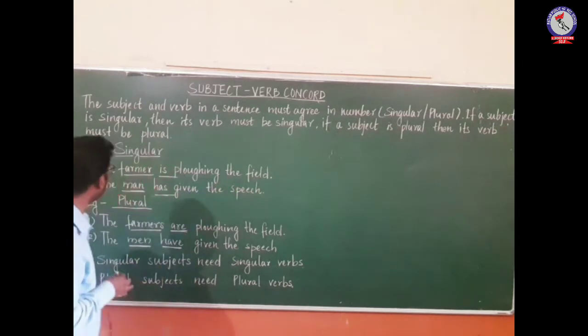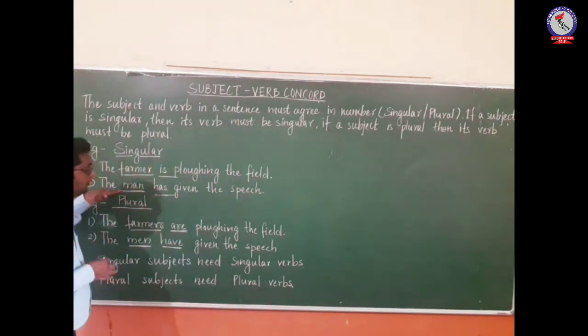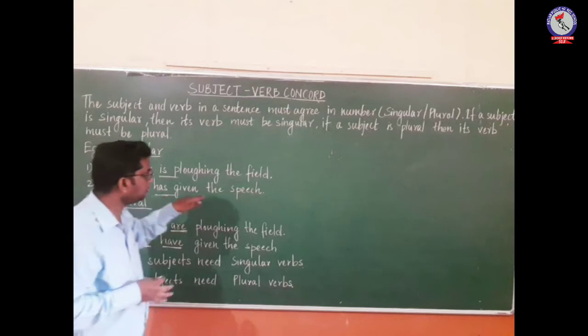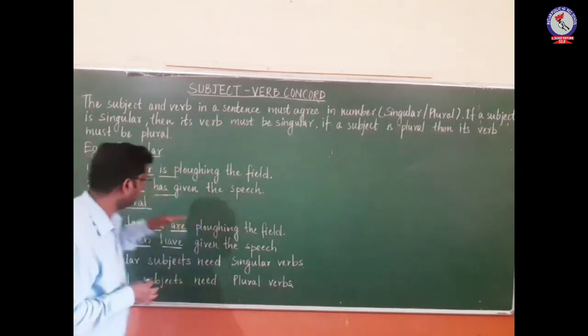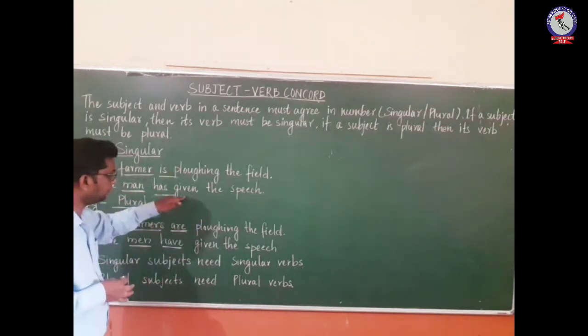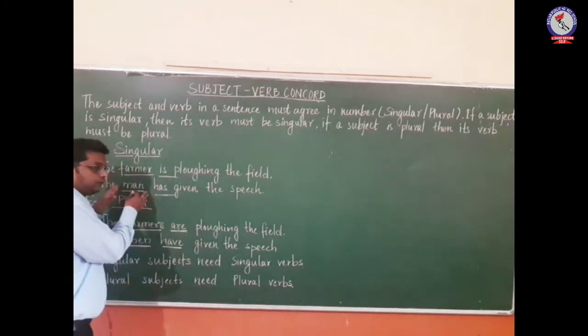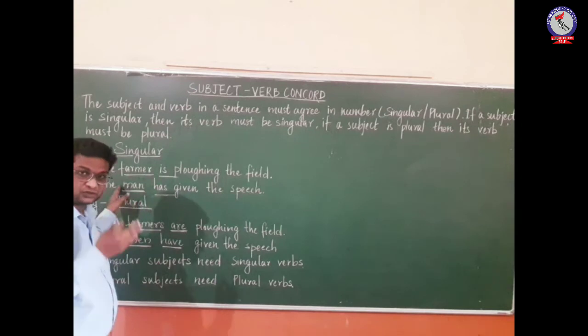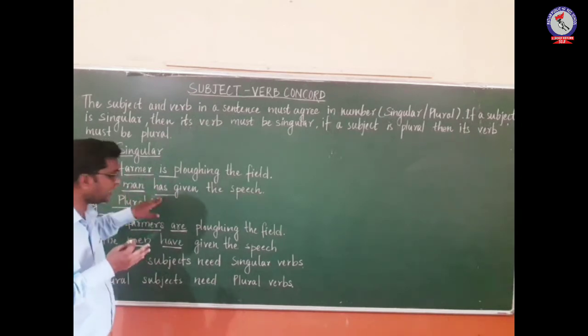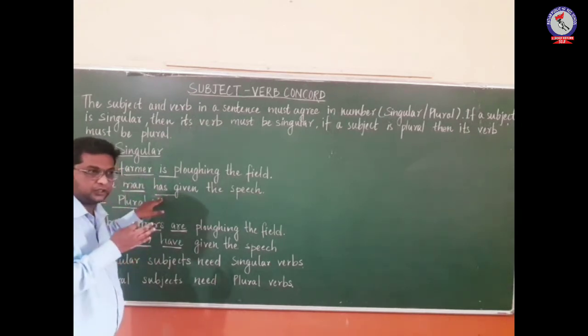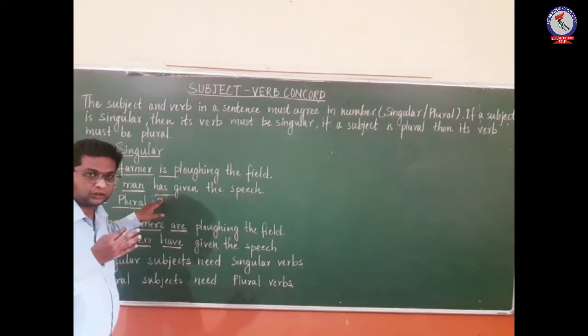Let's see another example. The man has given the speech. You see here, man is singular number, and has, the verb, is also showing the singular number.